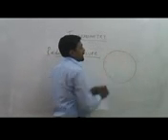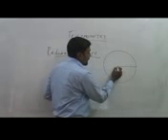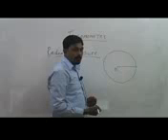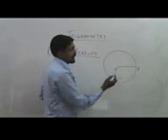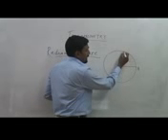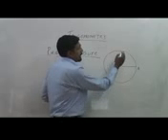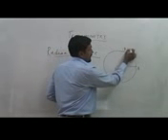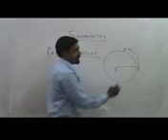Radian measure is, in a unit circle with center O, OA as radius, the angle subtended at the center by an arc of 1 unit.